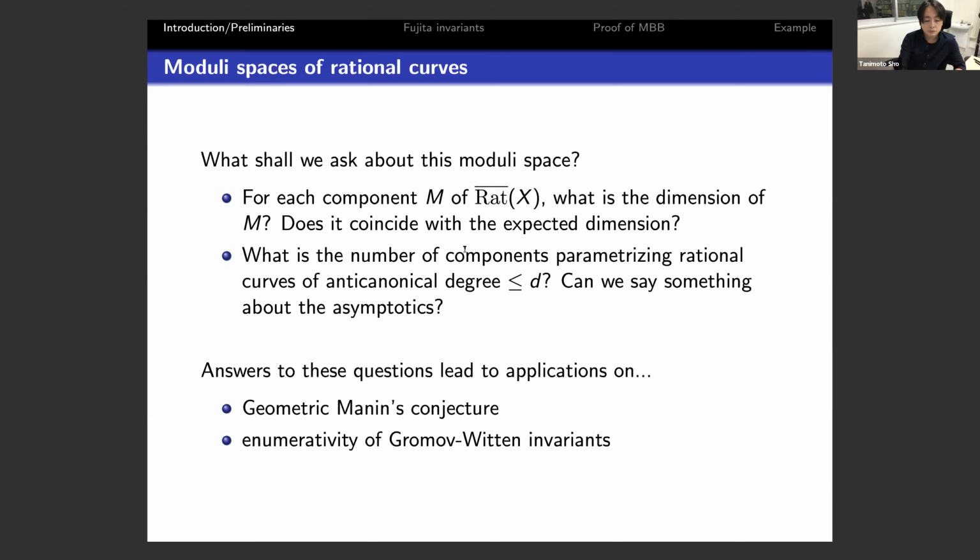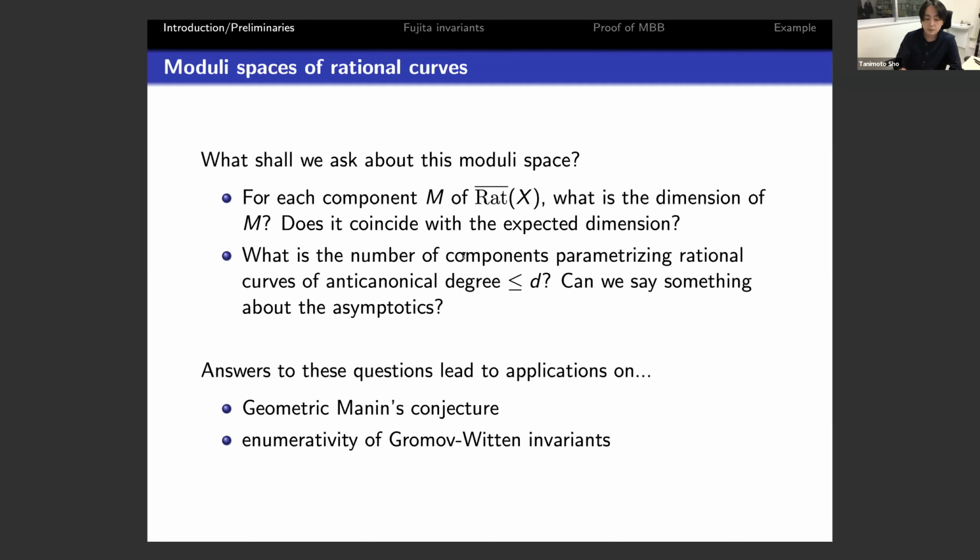We have formulated with Brian a conjecture called the geometric Manin conjecture, which basically predicts that for each algebraic class of curve, there's a unique component we should count in Manin's conjecture.